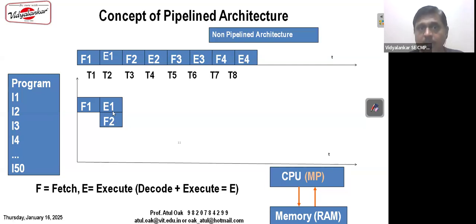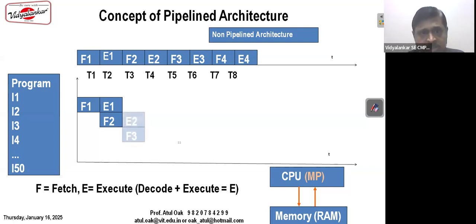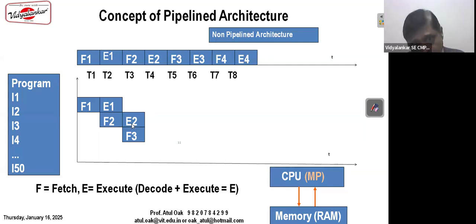Again, I repeat, when your processor is decoding and executing instruction 1, at the same time, T2, observe it, your processor will fetch instruction 2. When your processor will decode instruction 2, execute instruction 2, your processor will fetch instruction 3 simultaneously, T3 I'm talking, and it will continue.